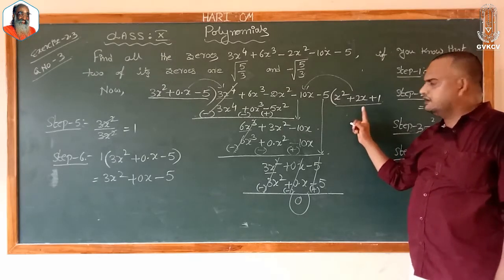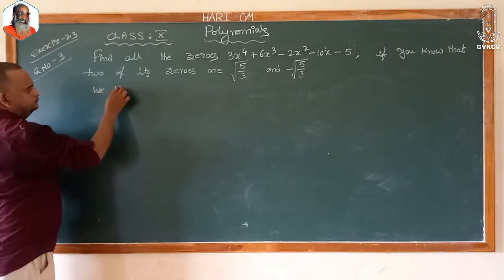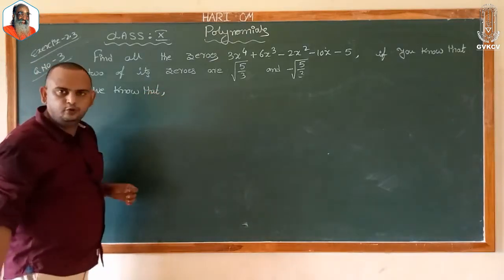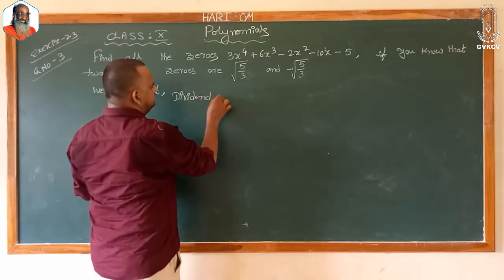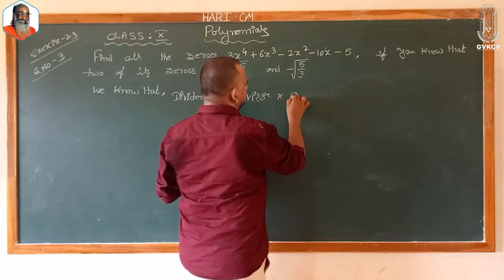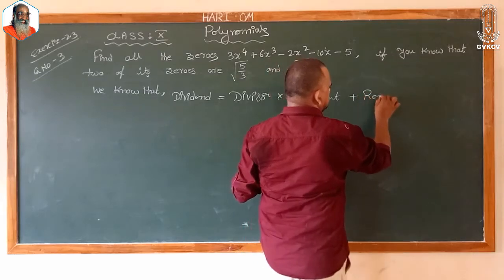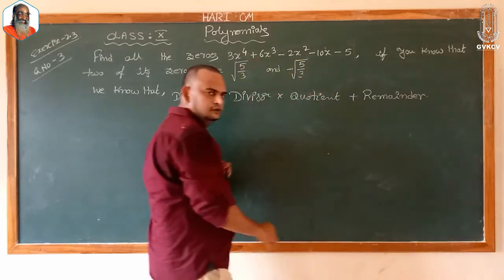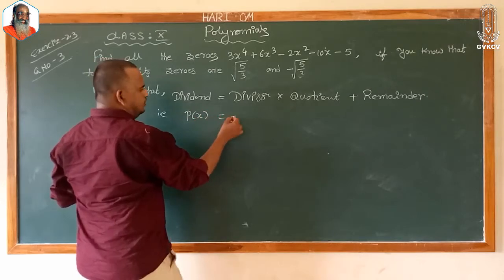Now we are going to factorize the quotient. We know that dividend is equal to divisor into quotient plus remainder. That is, the dividend p of x is equal to the divisor.